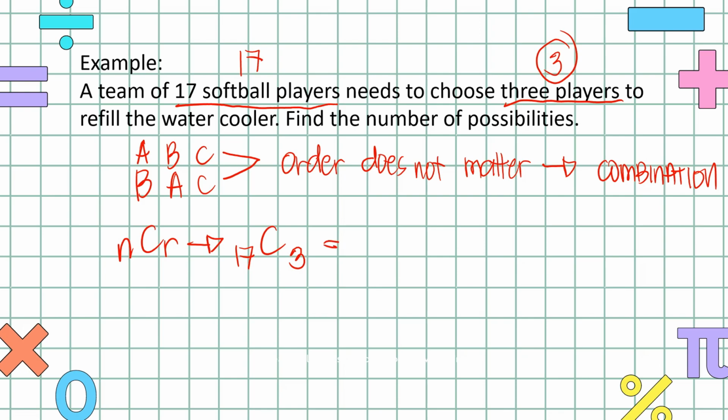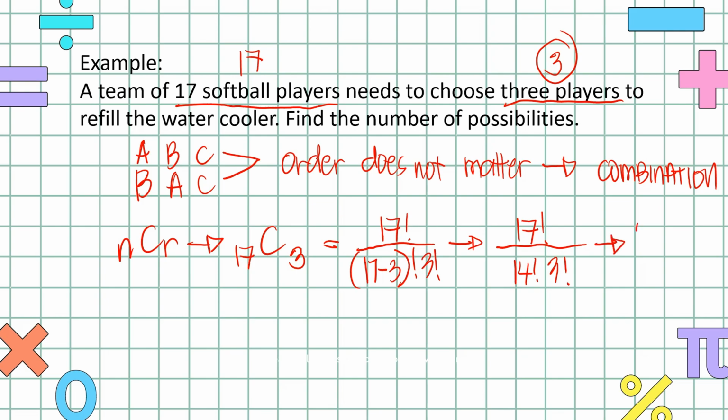Putting it in our formula, we have 17 factorial over 17 minus 3 factorial times 3 factorial. Let's expand. We'll have 17 factorial over 14 factorial times 3 factorial.